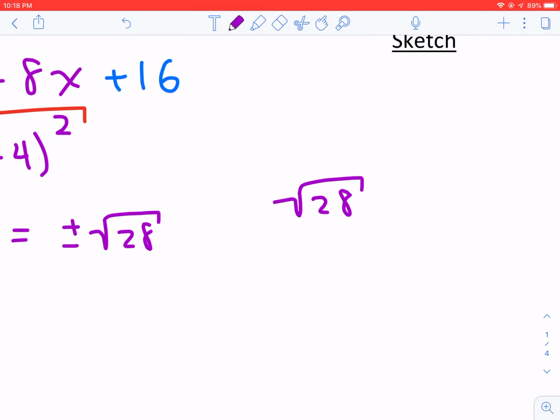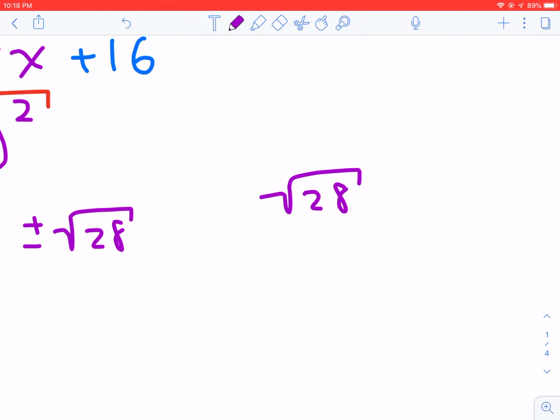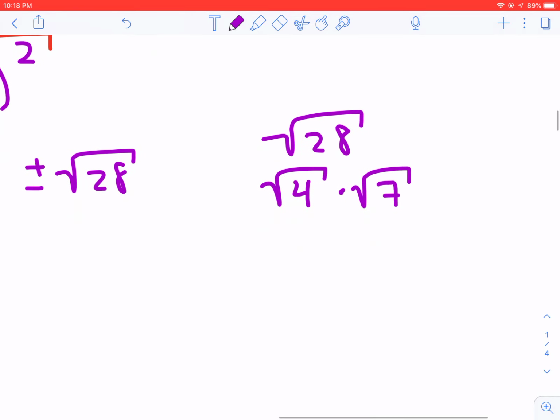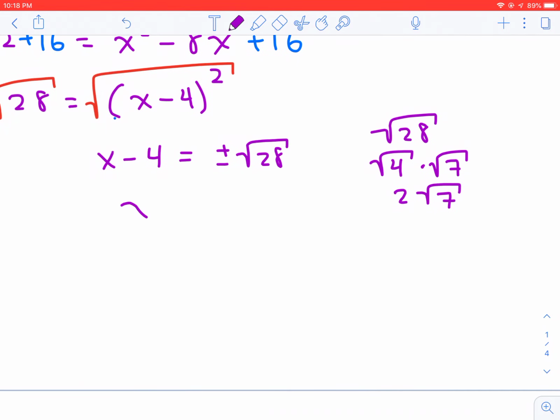Perfect squares. 4 goes into it. 9 doesn't divide into 28, and 16 doesn't, and 25 doesn't. So I could break it down to square root of 4 times square root of 7. That's 2 square root of 7. And so x equals, I'm going to add 4 to both sides, 4 plus or minus 2 square root of 7.